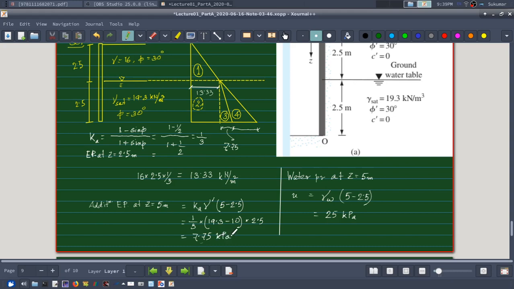Now we are asked to find out the resultant earth pressure, therefore I will have to find out the area of these different portions numbered 1, 2, 3, 4.